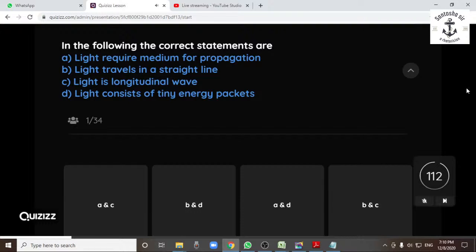So you need to select the correct statement from the given options, and multiple statements may be correct. So read all the statements and choose the right option. Okay, the 2-minute time is killing the excitement of the participants, it seems.